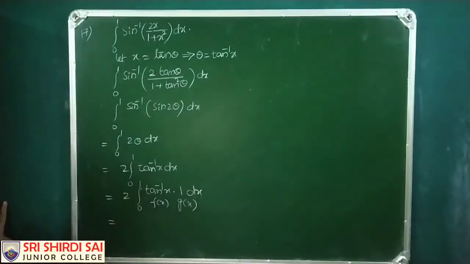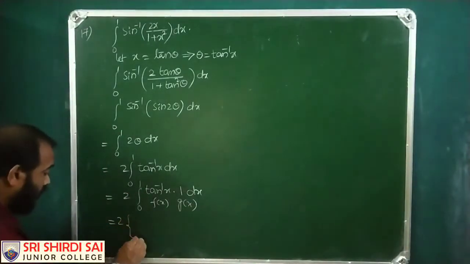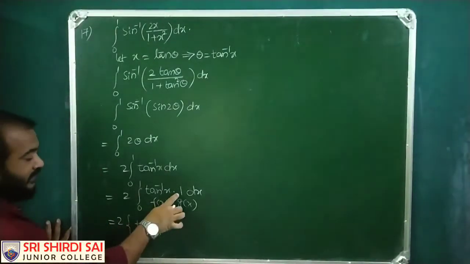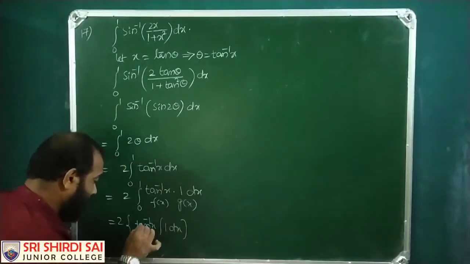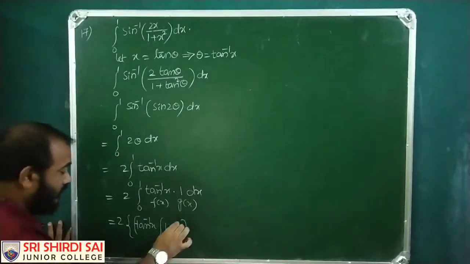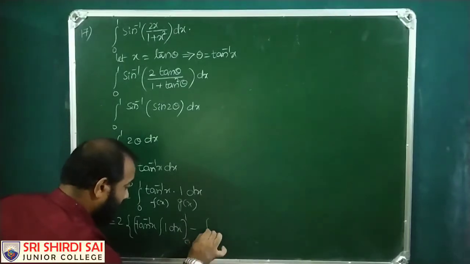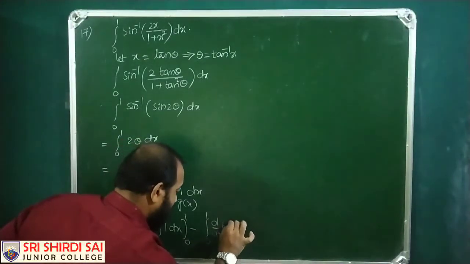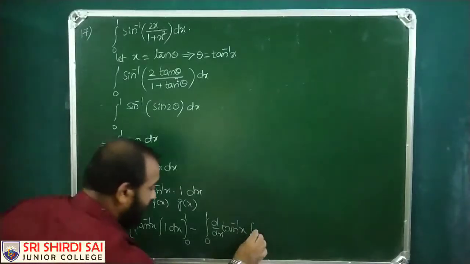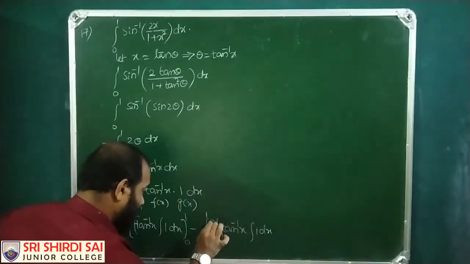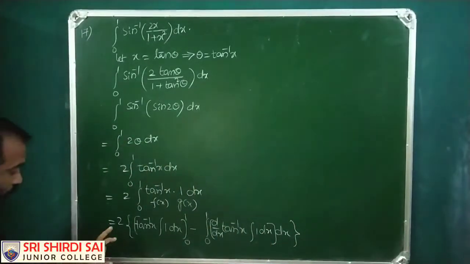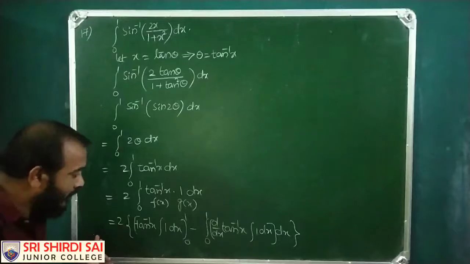For the product of two functions, what is the formula? 2 into first function into integral of second function dx from 0 to 1, minus integral 0 to 1 of the differential quotient of first function into integral of second function dx, whole dx. The bracket is closed because 2 is being multiplied with the whole.